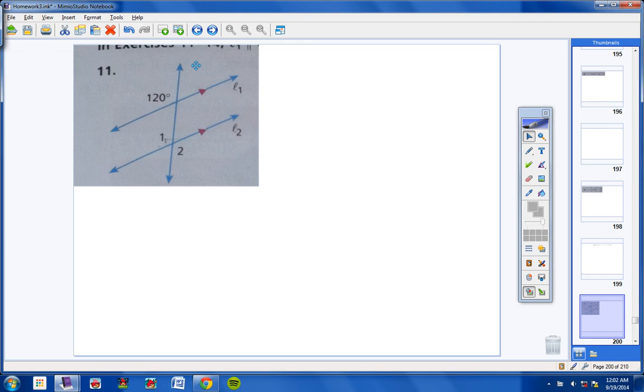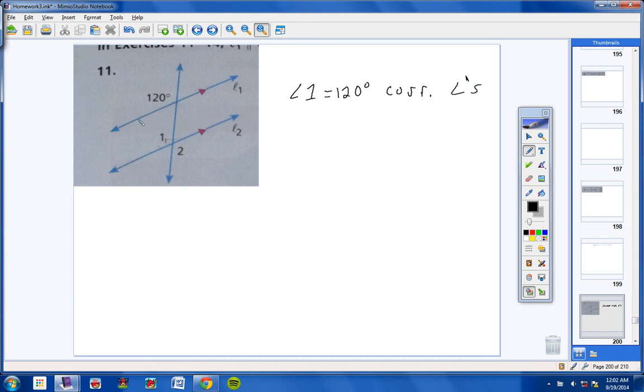Numbers 11 through 14, the directions say, find the measure of angles 1 and 2 and explain your reasoning. When it says to explain your reasoning, you don't have to give great details, just a little bit of detail. Well, first of all, I would write angle 1 equals 120 degrees, and I would simply put corresponding angles, which is sufficient.